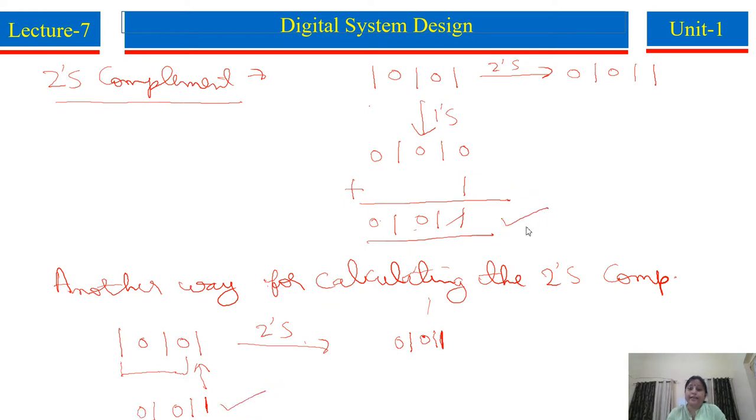So for taking the twos complement, you always start from LSB, और तब तक नंबर एज इट इज लिखते जाइए जब तक you do not receive first one. जैसे ही पहला वन मिल जाए, after that you take the ones complement of remaining number. This is another simple way for calculating the twos complement of the given number.